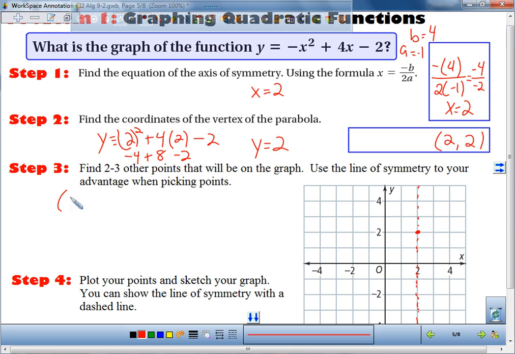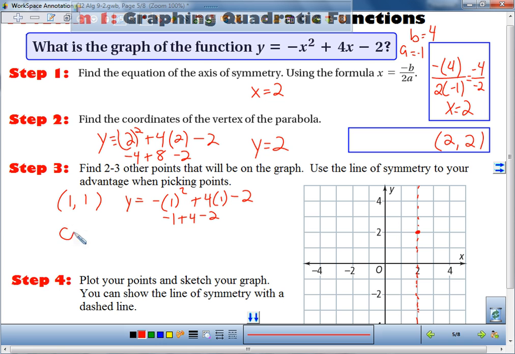So if my x-coordinate is 1, we need to find the y-coordinate. y equals negative 1 squared plus 4 times 1 minus 2. 1 squared is 1 times negative 1 is negative 1. So negative 1 plus 4, because 4 times 1 is 4, minus 2. Negative 1 plus 4 is 3. 3 minus 2 is 1. So we get 1, 1.